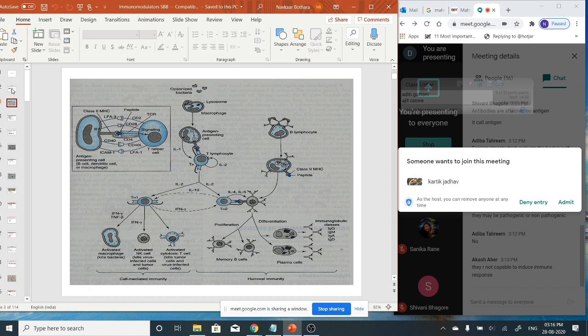Lymphocytes are participating, and there are various other lymphocytes like B lymphocytes, then MHC class peptides, major histocompatibility complex class 2. So these all cause various complexes. It is a very, very complex process actually, and too many chemicals are involved.